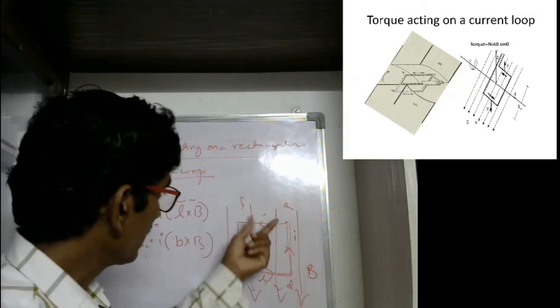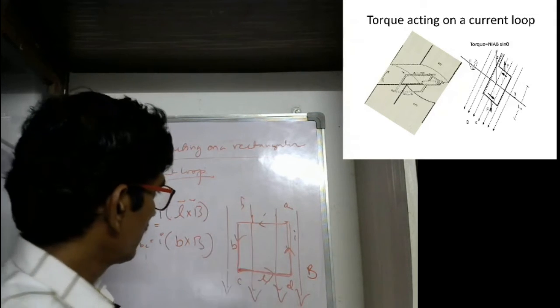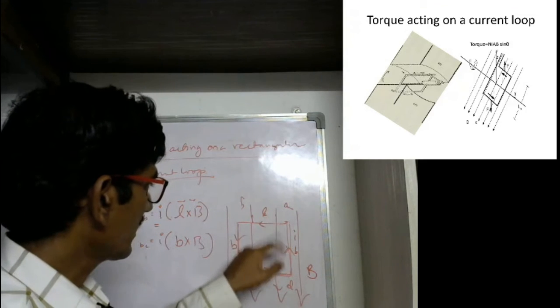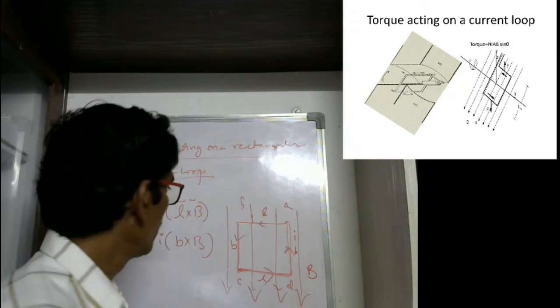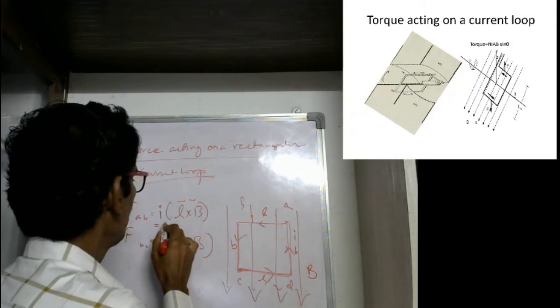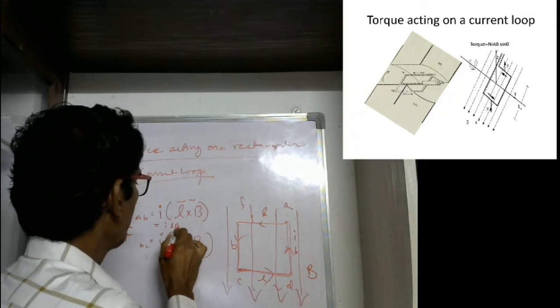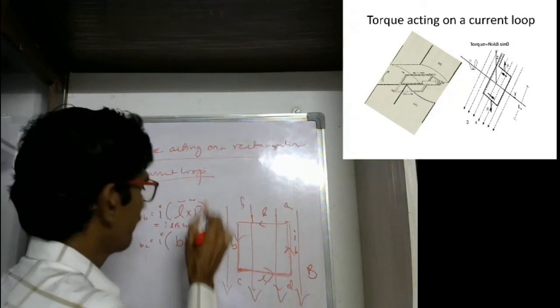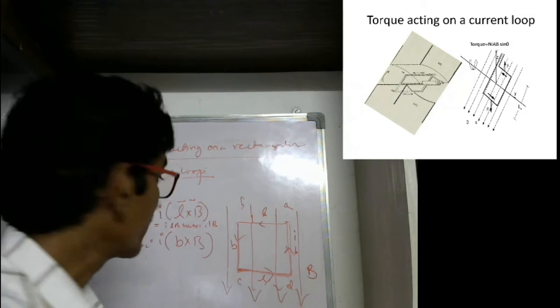L and B, this much length. This is also L, this is also B. Now this L is perpendicular to the magnetic field. That's why you have I L B sine 90. That means I L B, maximum magnetic force.